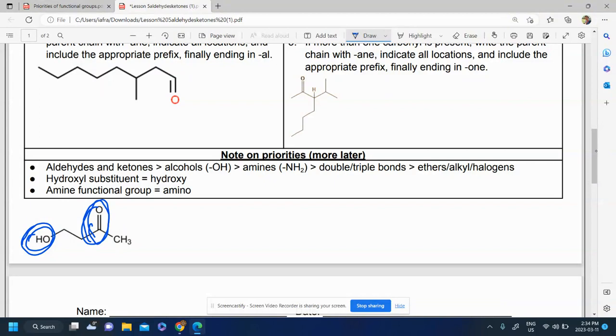Is it a ketone or is it an alcohol? So you have to understand your priorities. The aldehydes and ketones have higher priority than the alcohol. So if those two functional groups are together, the carbonyl group and the alcohol group, the hydroxyl group, then the aldehydes and ketones win. They have higher priority. That's a rule that you need to remember.